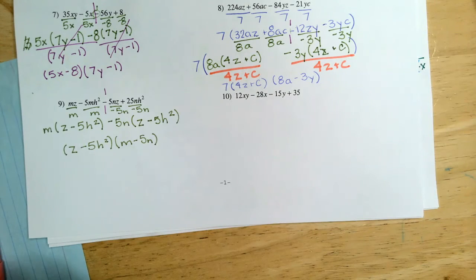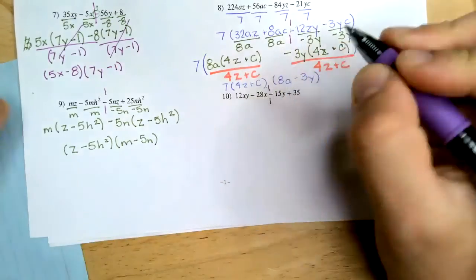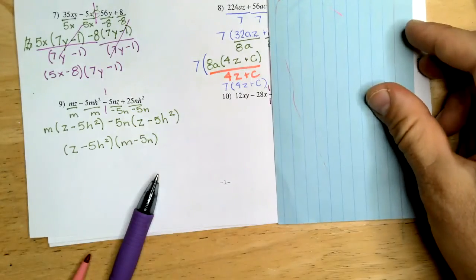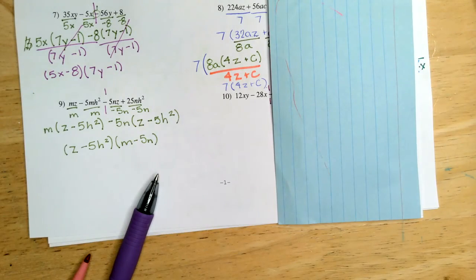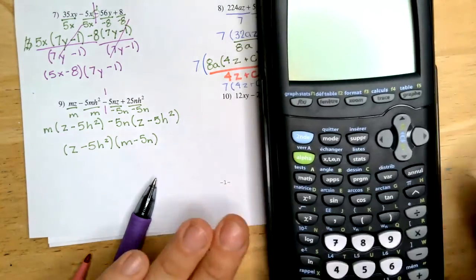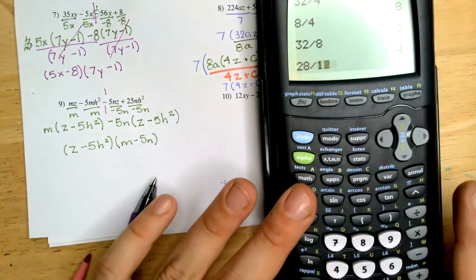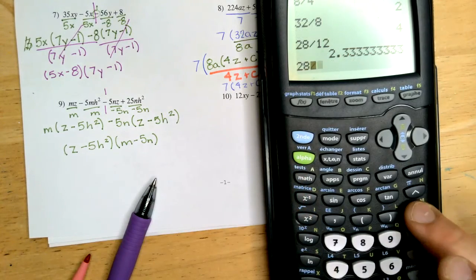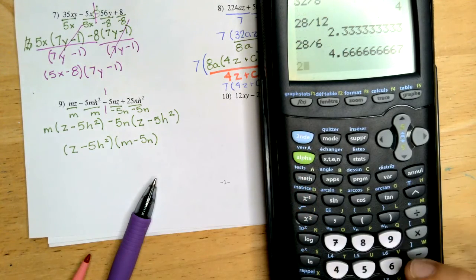All right, and our last one, 12xy minus 28x. I can divide them both by, let's see, can I take 28 divided by 12? No. 28 divided by 6? No. 28 divided by 4?